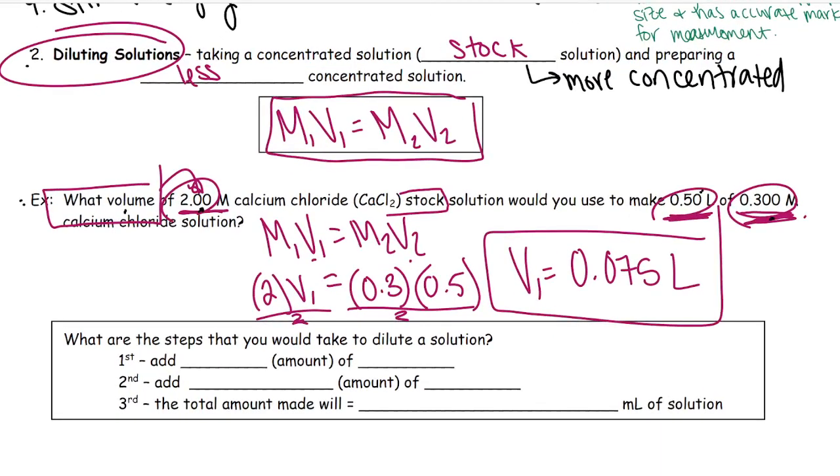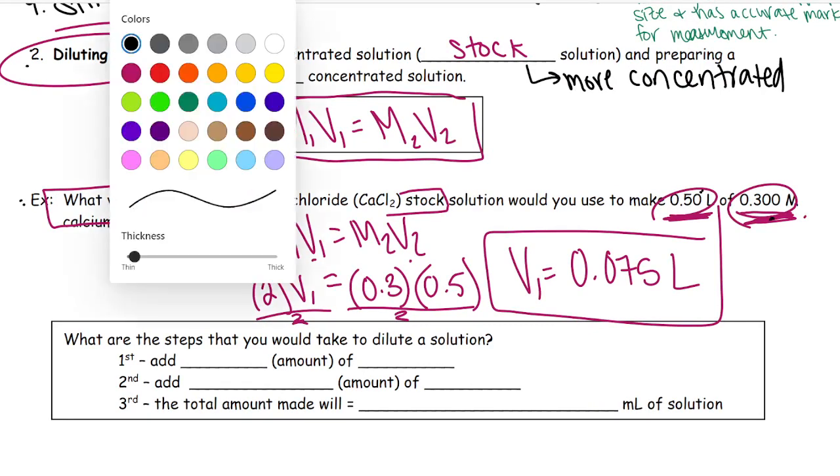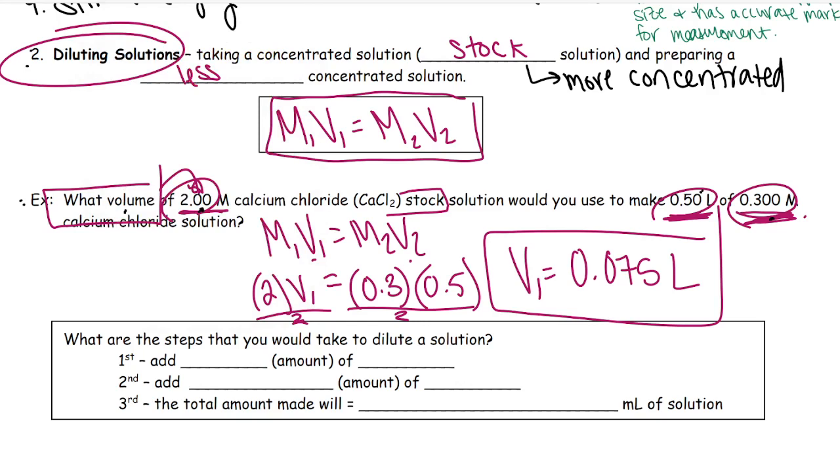So if you are diluting a solution, honestly, I don't remember what I meant to put in these blanks when I made the notes, so we're just going to fill it in with what I think makes sense. First, you're going to add a small amount of stock solution or the concentrated solution.